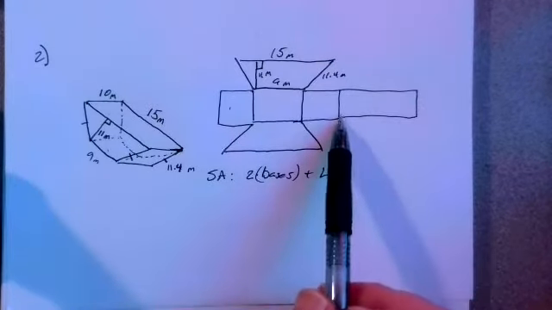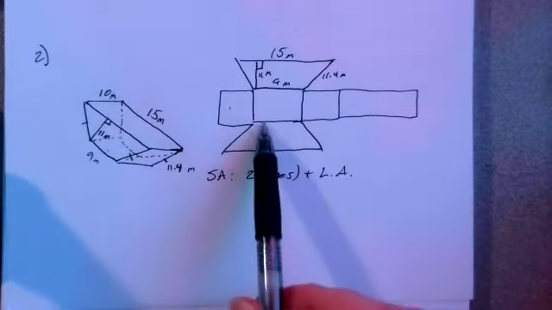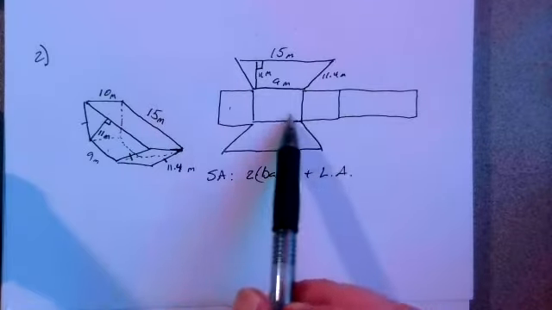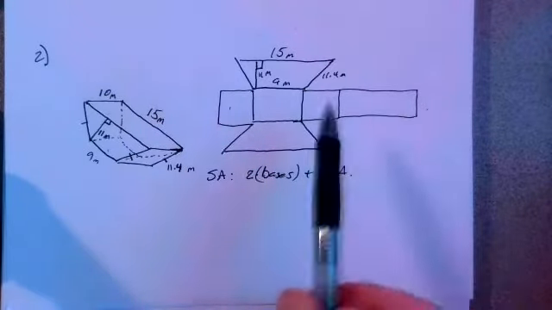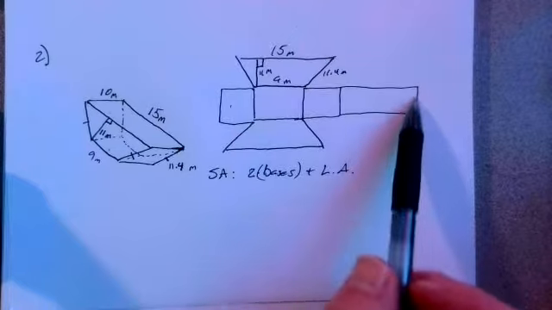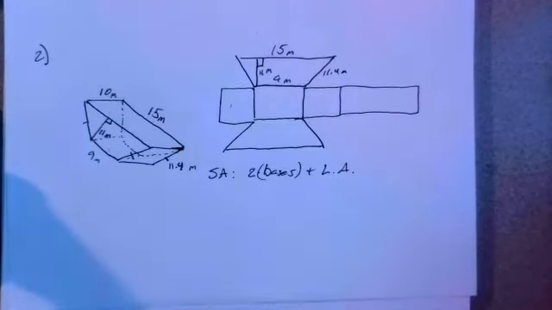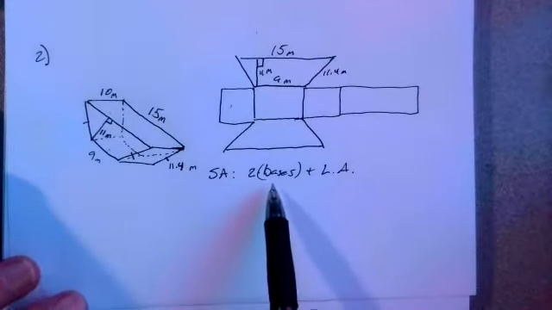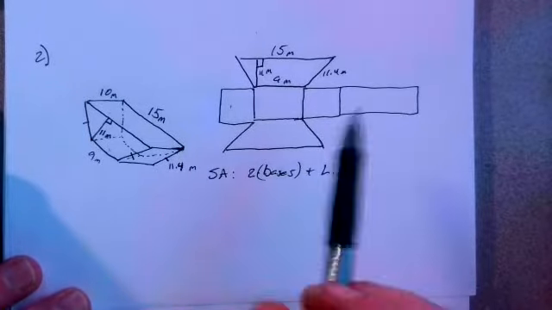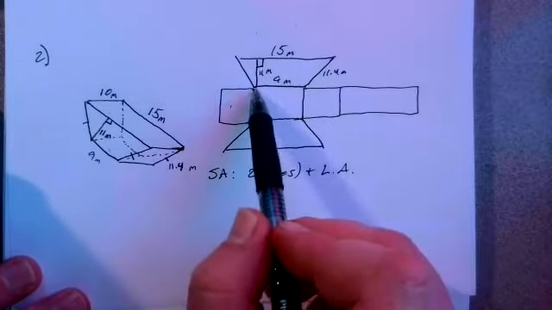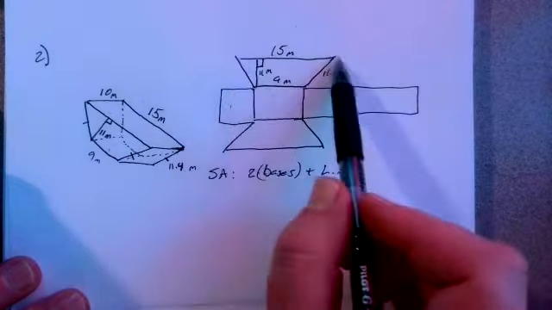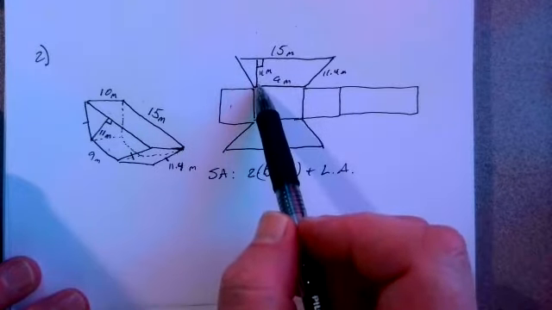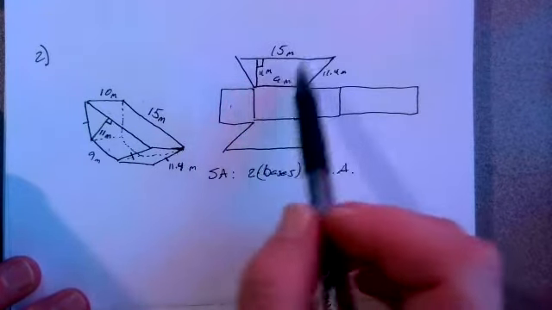So we could just add up these 4 lengths, and then we'll have 1 length and 1 width. Okay. So remember, the area of the trapezoid is base 1 plus base 2 times the altitude divided by 2.